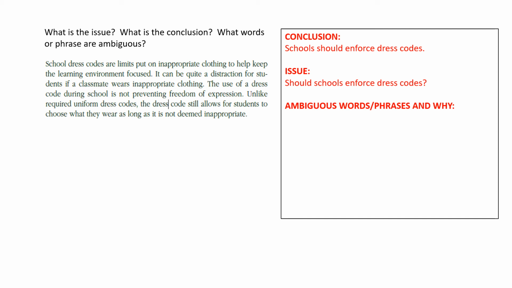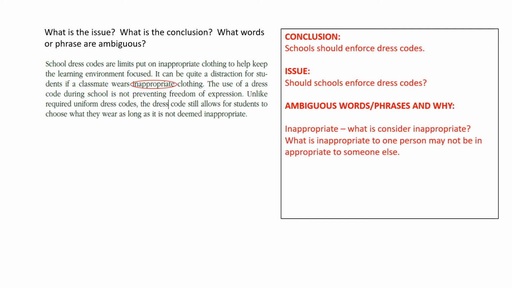So as I look at this paragraph, one word that pops out to me that it can be ambiguous is the word inappropriate, okay? The word inappropriate is ambiguous because I'm questioning what is considered inappropriate. What is inappropriate to one person may not be inappropriate to another person.